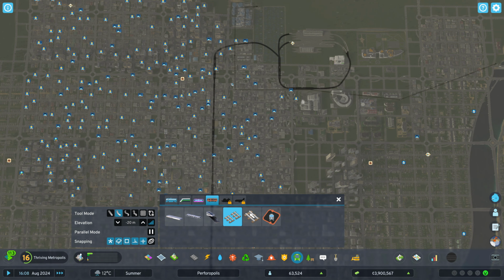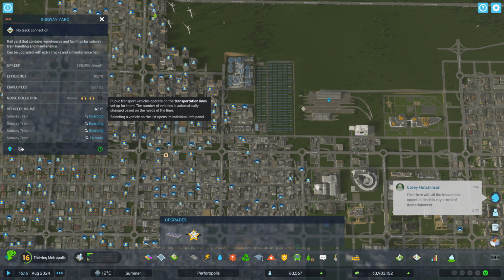That's the idea here. So if we look at the actual subway yard, we can see that it's currently utilizing 4 out of 15 vehicles. Okay. And also, the subway yard itself is 98,000 of our upkeep. That is a full half of our upkeep. So that means that this is going to scale reasonably well. That's good.